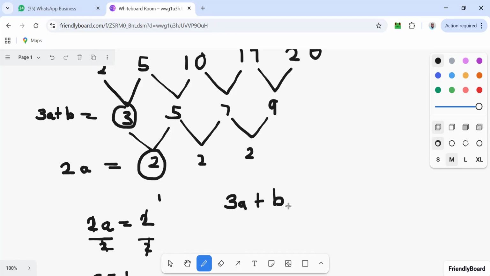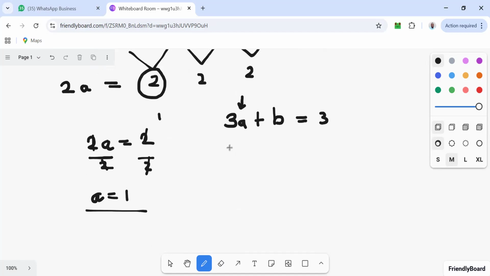So 3A plus B is going to be equal to 3. I've created an equation and we already have found the value of A, which is 1. So where there's A, I'm going to sub in 1 like this. And now I can solve for B.